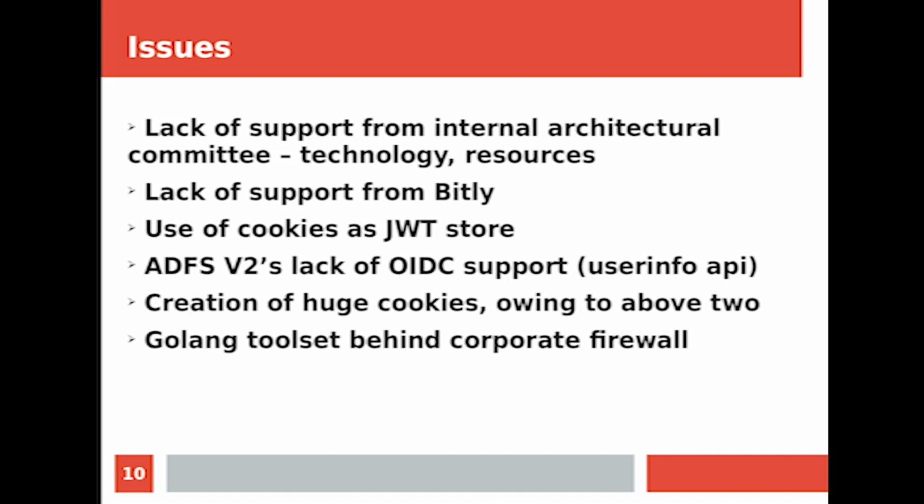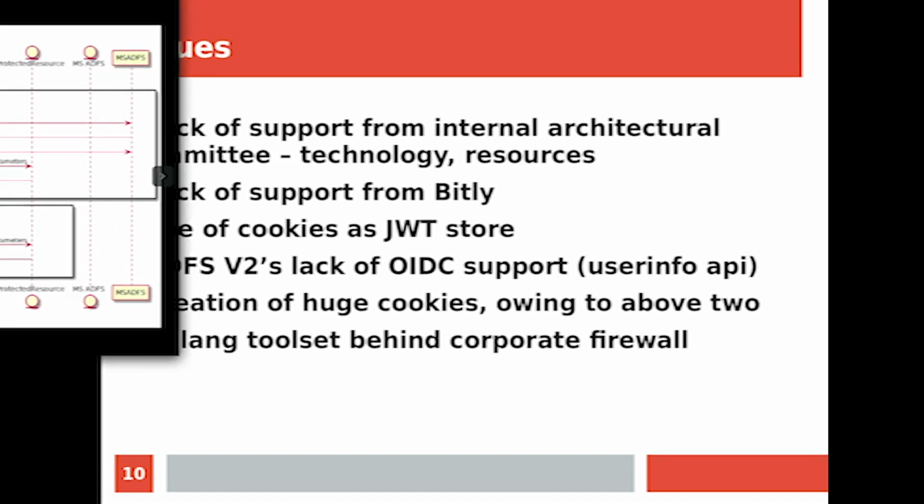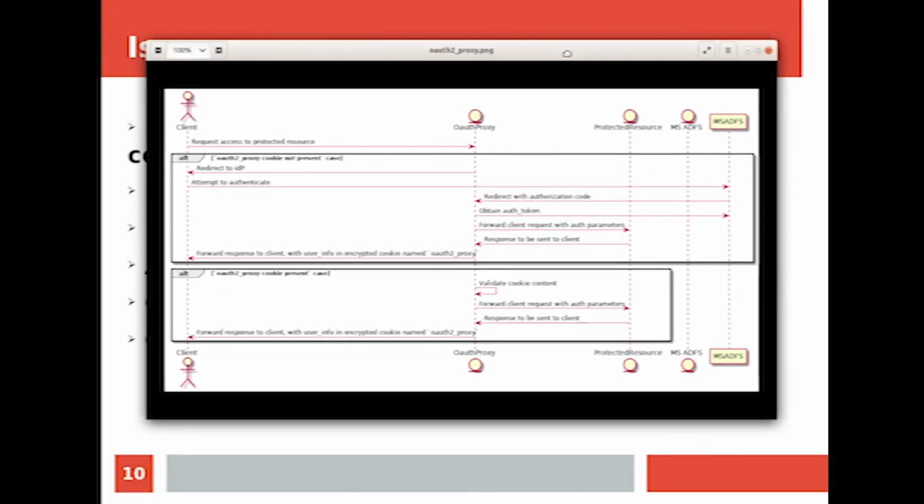If I quickly jump back to the actual sequence diagram that I showed you earlier on, in this particular step, when the cookie is sent back to the client, which is the browser obviously, it is required to hold all the user information.